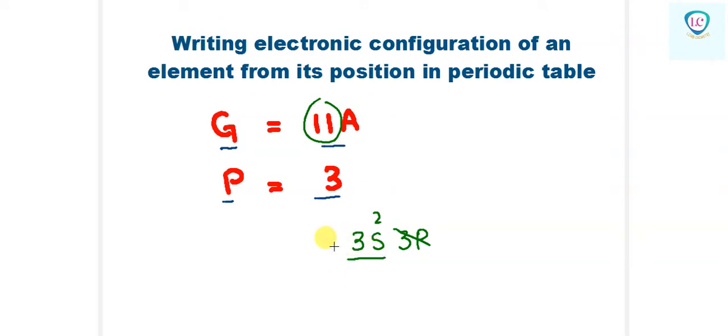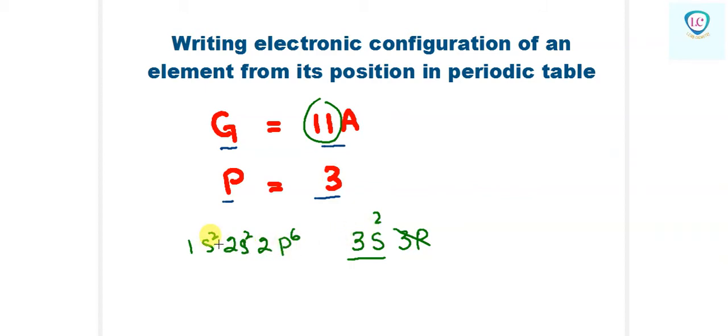In order to write the complete configuration, we may write 1s2, 2s2, then 2p6, and then 3s2. So this element's valence shell configuration is 3s2. Here we can also find its atomic number.